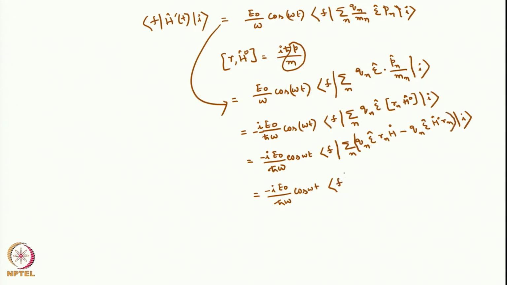So f of sigma over n q n r n, because r is just a number, epsilon, h naught acting on i, minus f, sigma over n q n h naught epsilon r n i.